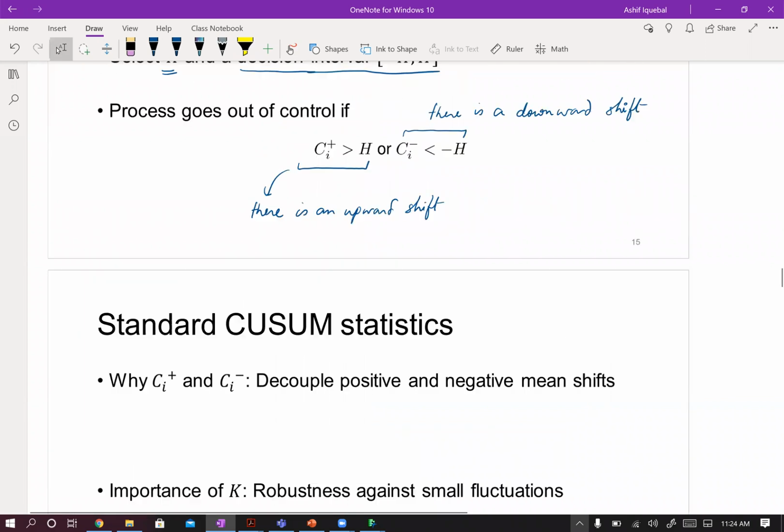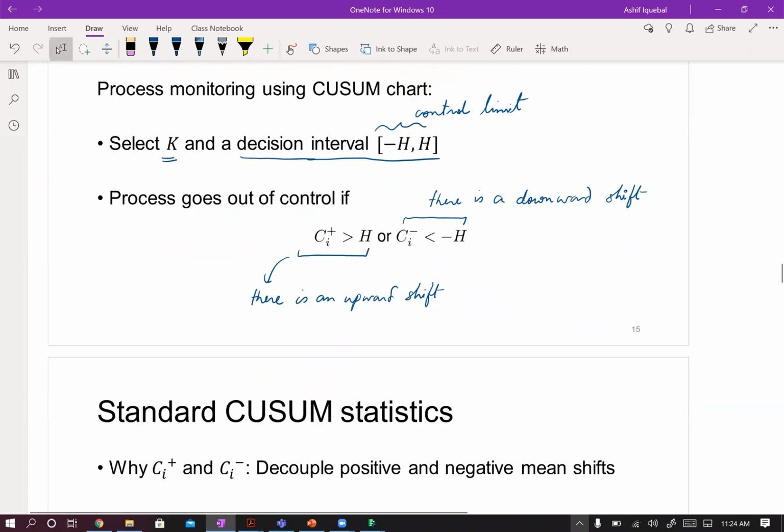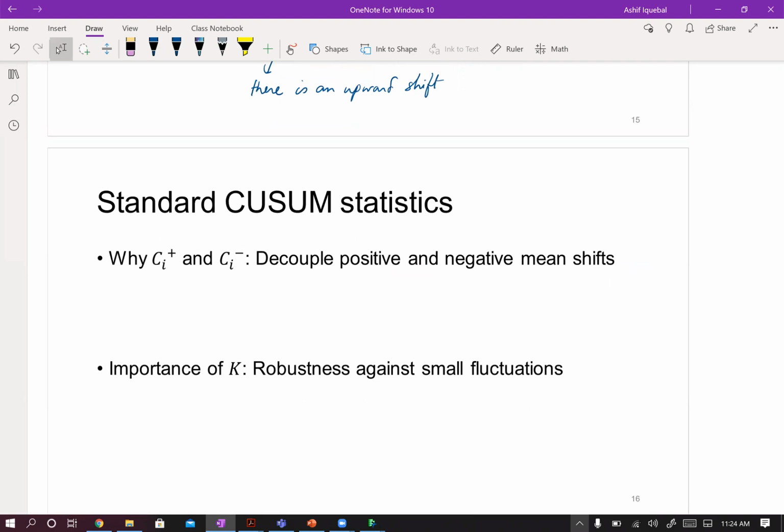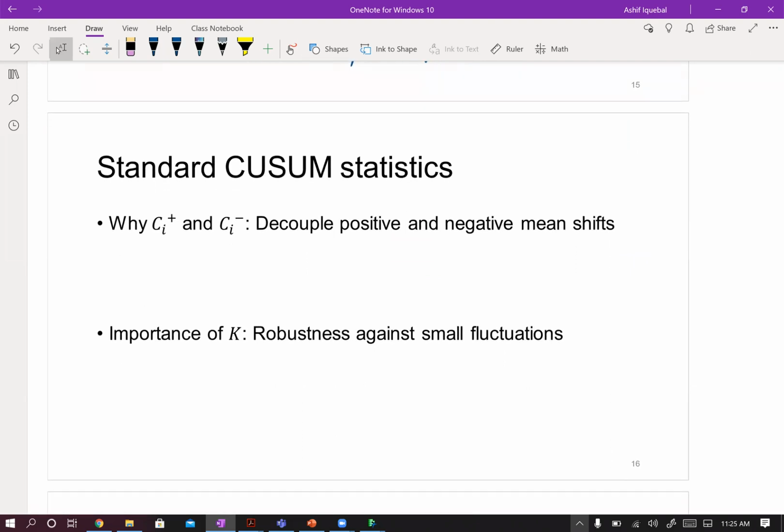Before we do that, let's try to understand what we just did. The first question you might ask is why we want to have Ci plus and Ci minus instead of just Ci. The simple answer is that we want to decouple the positive and the negative mean shifts.